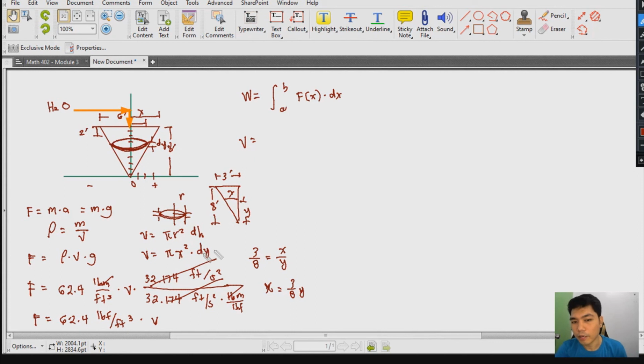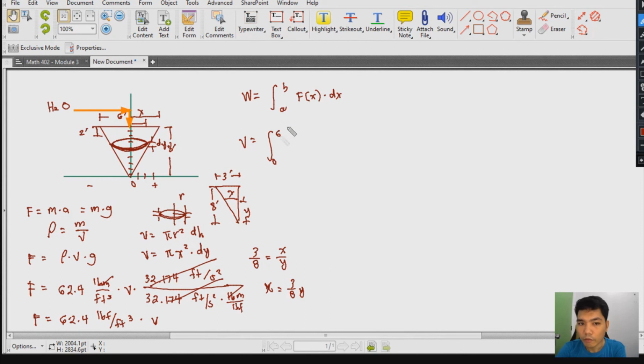That way we don't have to switch variables, because if it were y in terms of x, I would still need to find dy in terms of dx, so I would have to differentiate. With this, it's not necessary to differentiate. So from this, we could just rewrite it. The lower limit is 0, going to the upper limit, which is 2 feet below 8, so that's 6.